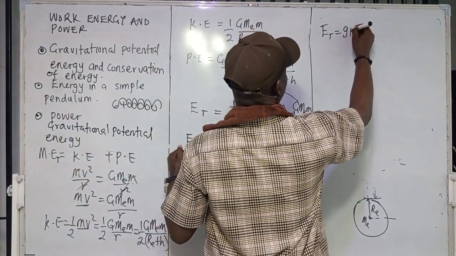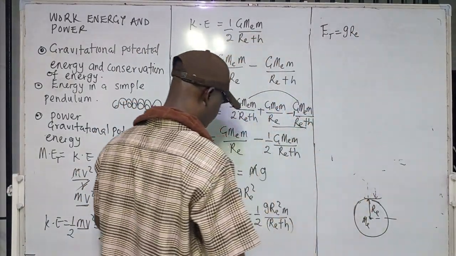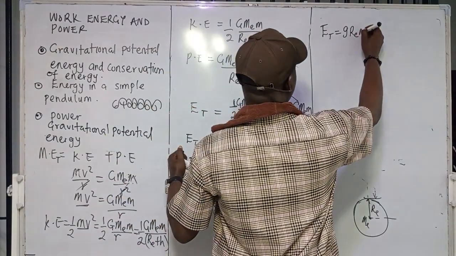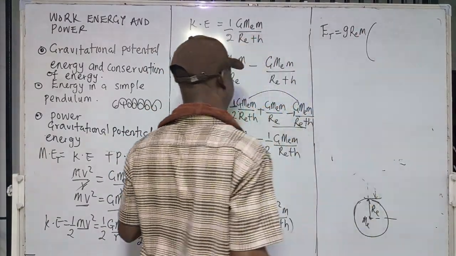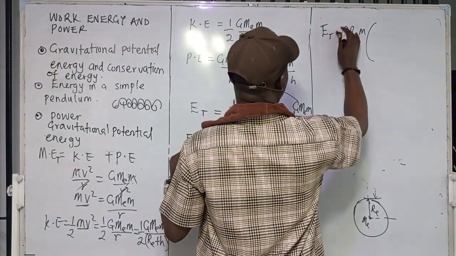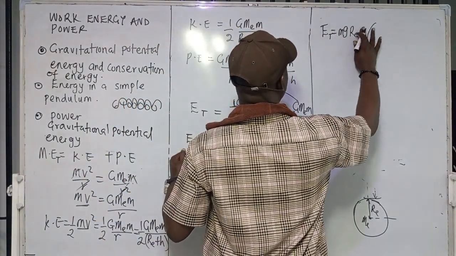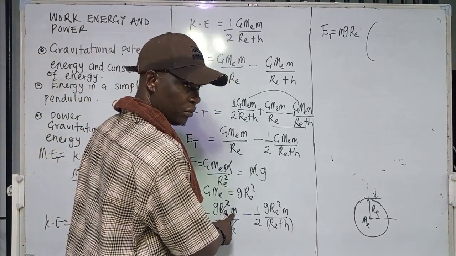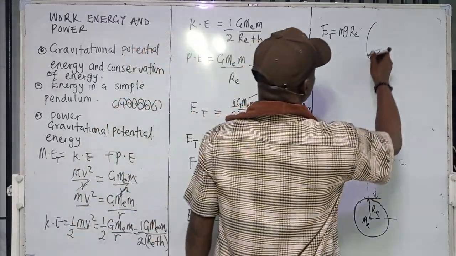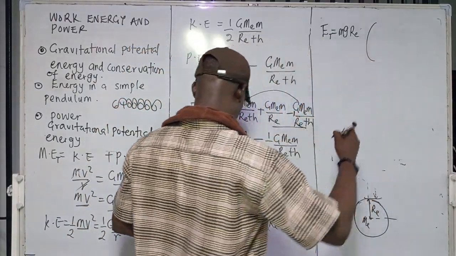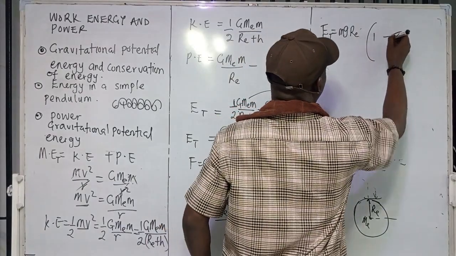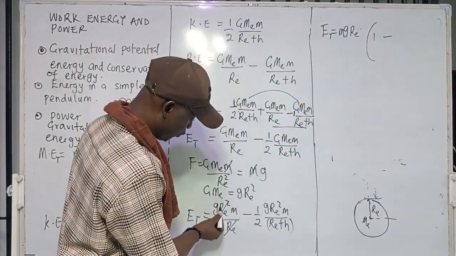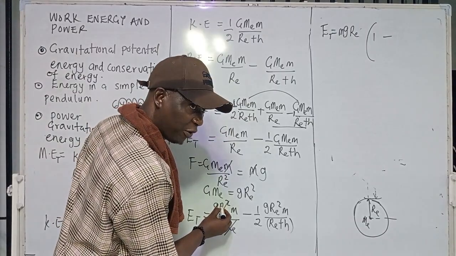g R E times M, abi? Open bracket. You know what this M means now? That is the mass of the satellite, abi? Over what? What remains here? 1 minus, abi? Everything has been removed. No, I cancel this one, remaining 1 R now.